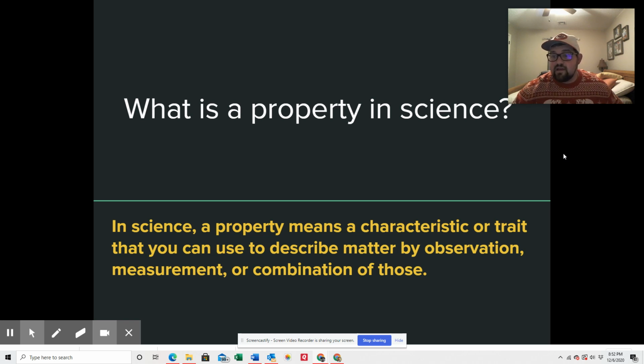You're going to see it, hear it, taste it, smell it, or touch it. Something is going to happen. And so matter has properties that we observe or we measure. So it might be its mass or its density or its height or its hardness. These are all things that we measure matter in.